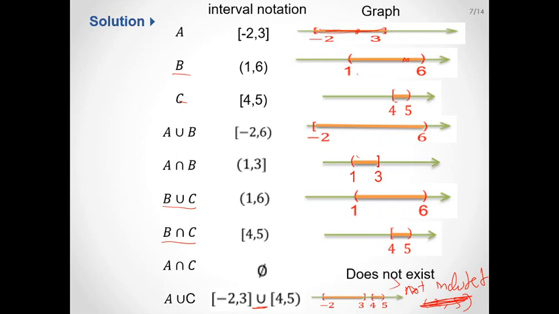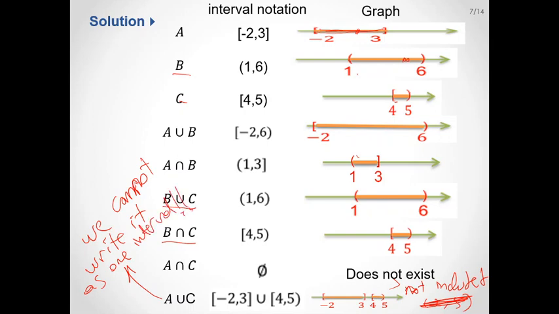So we cannot combine them and write them as one. I will say we cannot write it as one interval, because there's a gap here.